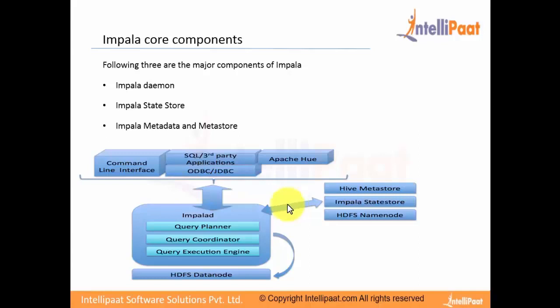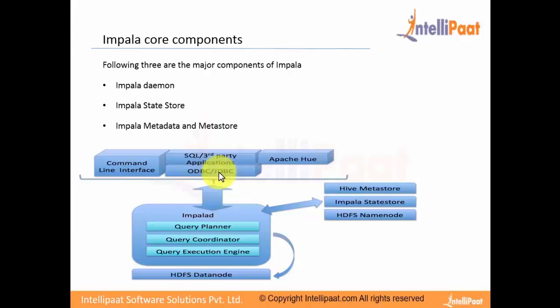It interacts with the Hive metastore, the Impala state store, and the HDFS name node. Also, this Impala D interacts with the command line interface, third-party applications, SQL, or the ODBC and JDBC drivers. Also, Impala is present on Apache Hive, and you can trigger it anytime from there.